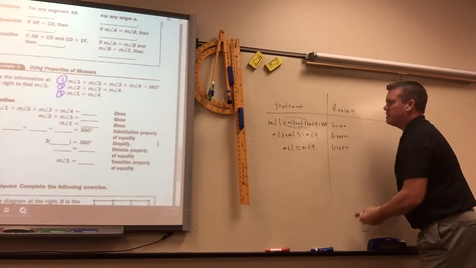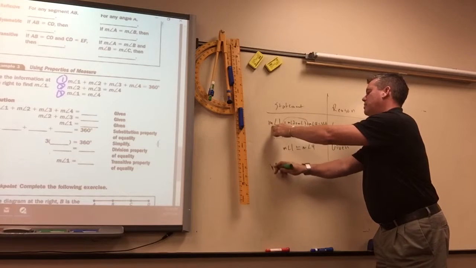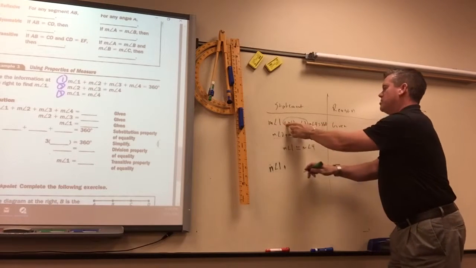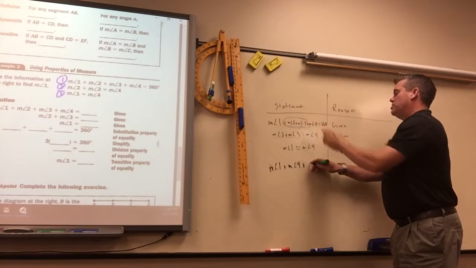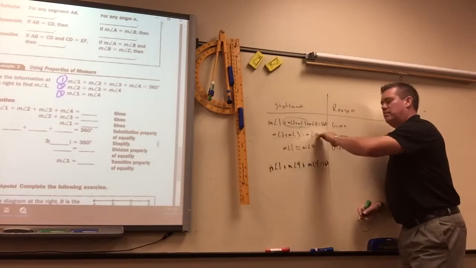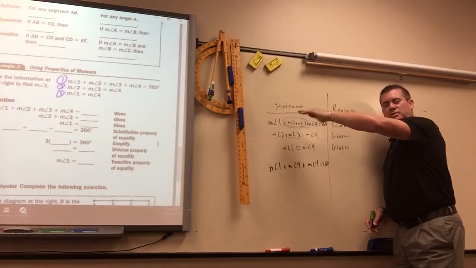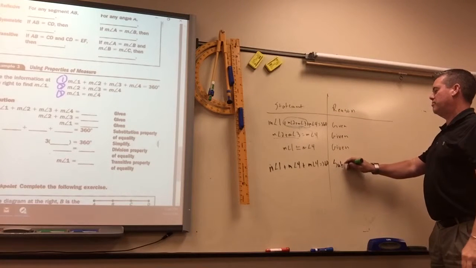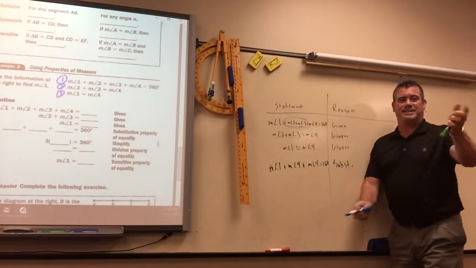So if you rewrite it, I would just rewrite this with the measure of angle 1 plus, instead of this, I'd put the measure of angle 4 plus the measure of angle 4 equals 360. And remember what that's called when you put it in for something? Substitution. Then, can't you put 4 in for 1?